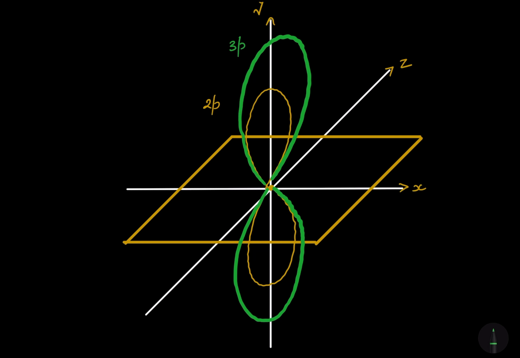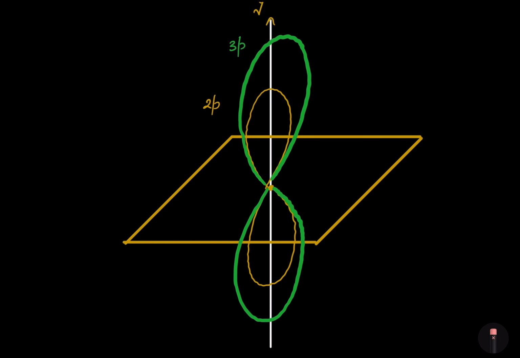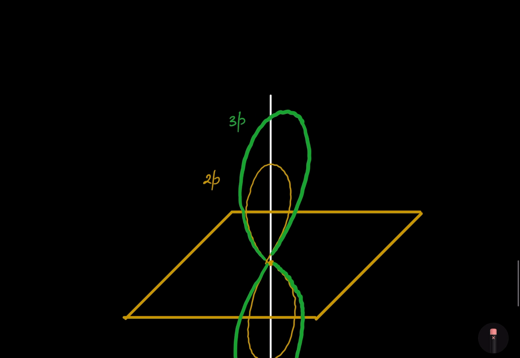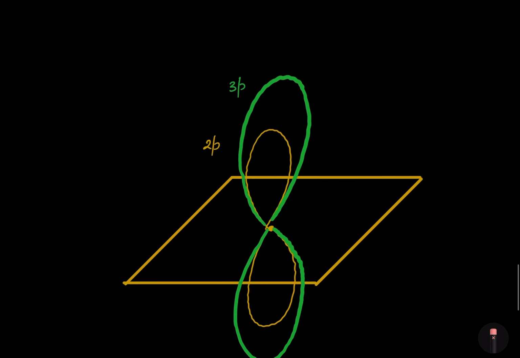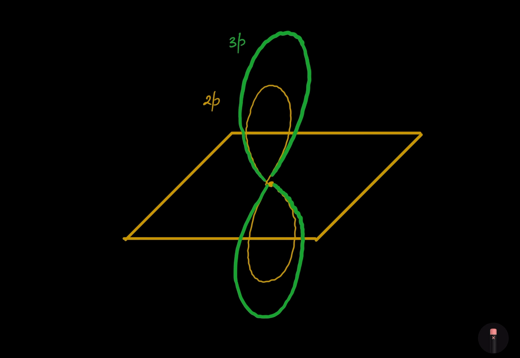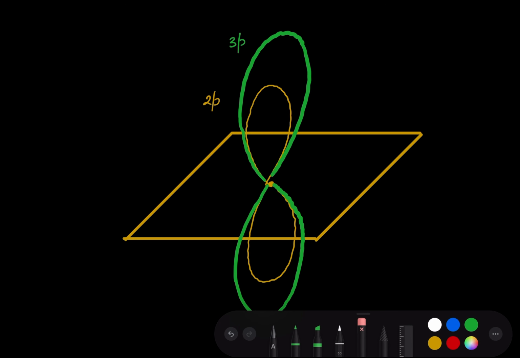So let me delete the excess. For the timing, to make a better understanding, I'm deleting the excess. So hopefully you got the angular plane, and you can easily observe that the angular plane for 2p and 3p is common. So this is the angular plane I'm mentioning.